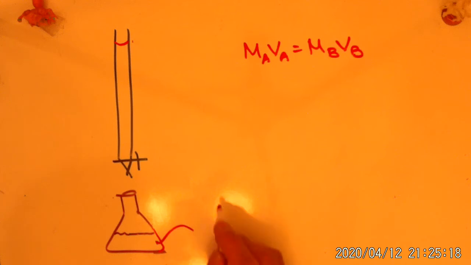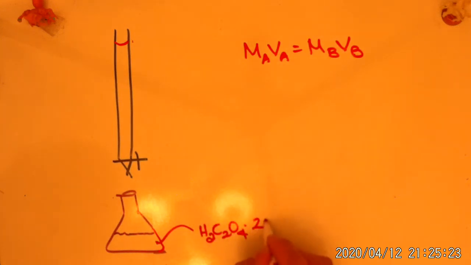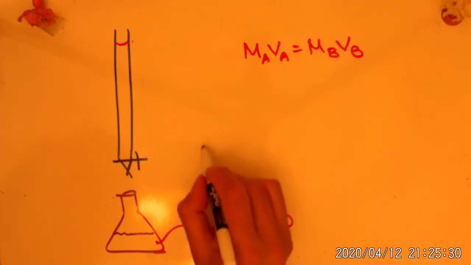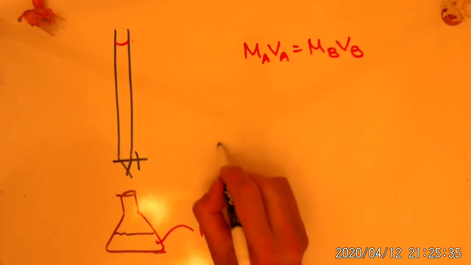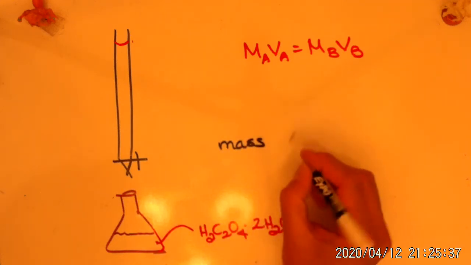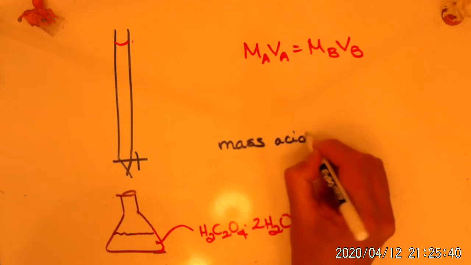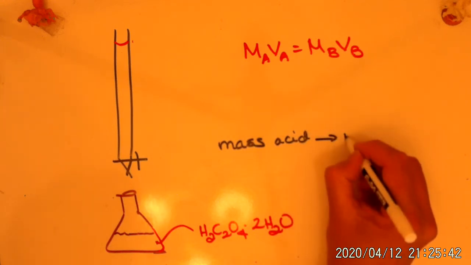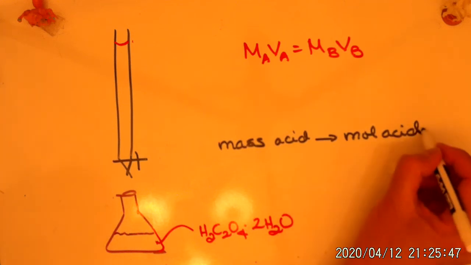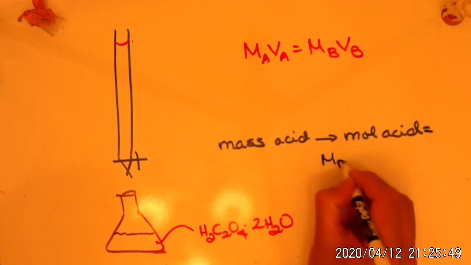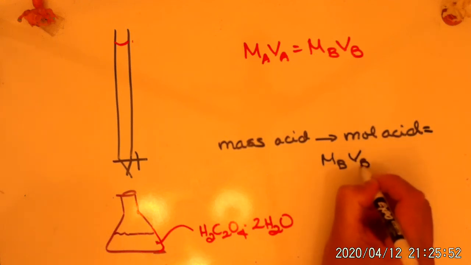In here, since we are using a solid, what you're going to do here is you're going to get mass of acid, convert that to moles of acid, and that is going to be equal to the concentration of base times the volume of base.